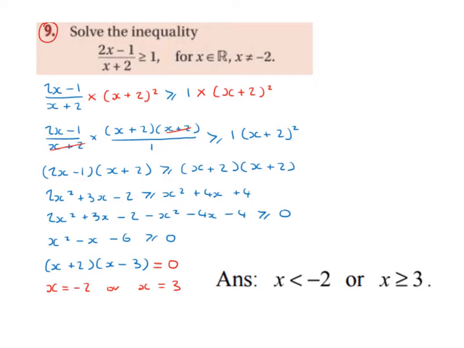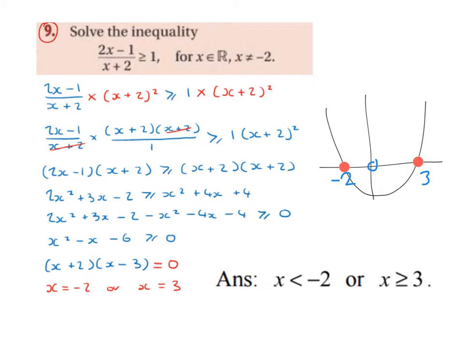So what I'm going to do is draw out a rough sketch of x² − x − 6. So here's my U-shaped graph, and my graph is crossing the x-axis at −2 and 3, because we got x to equal −2 and x to equal 3. So these are the roots of my equation. Now I need to take a test value.